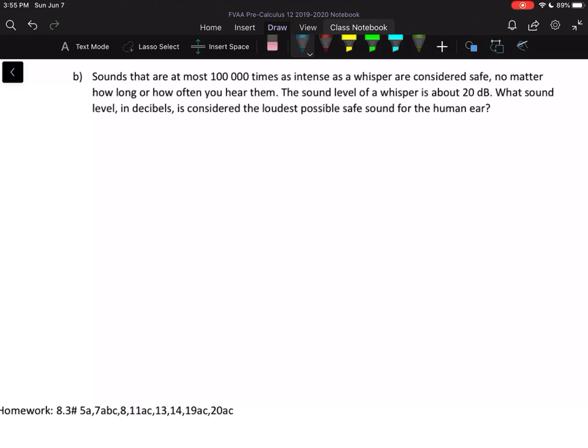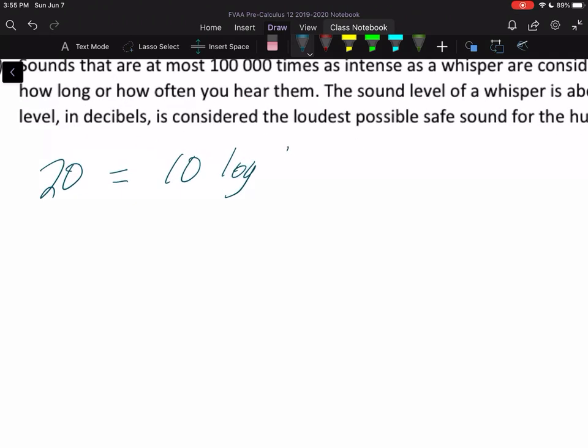Okay, so first we've got to figure out the intensity of the whisper, right? So I'm going to take 20 is equal to 10 log I of a whisper over 10 to the negative 12. All right, divide by 10 on both sides.